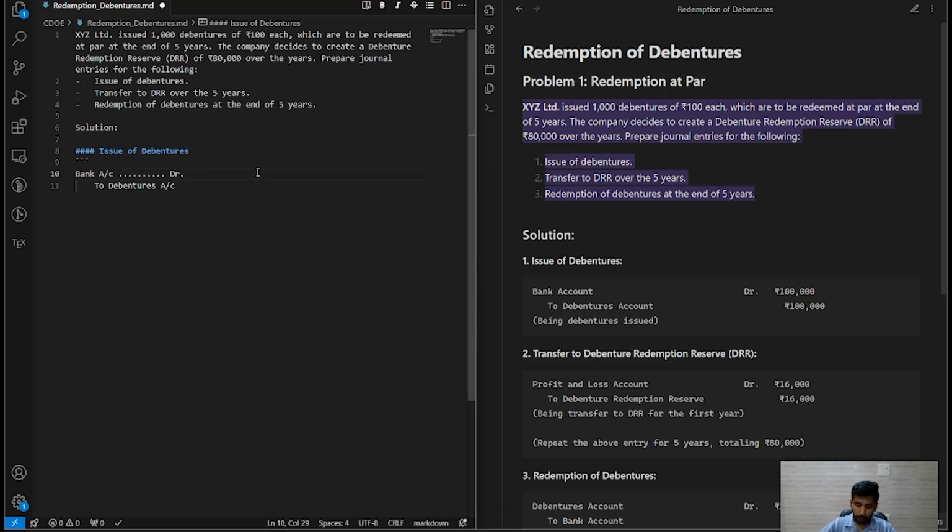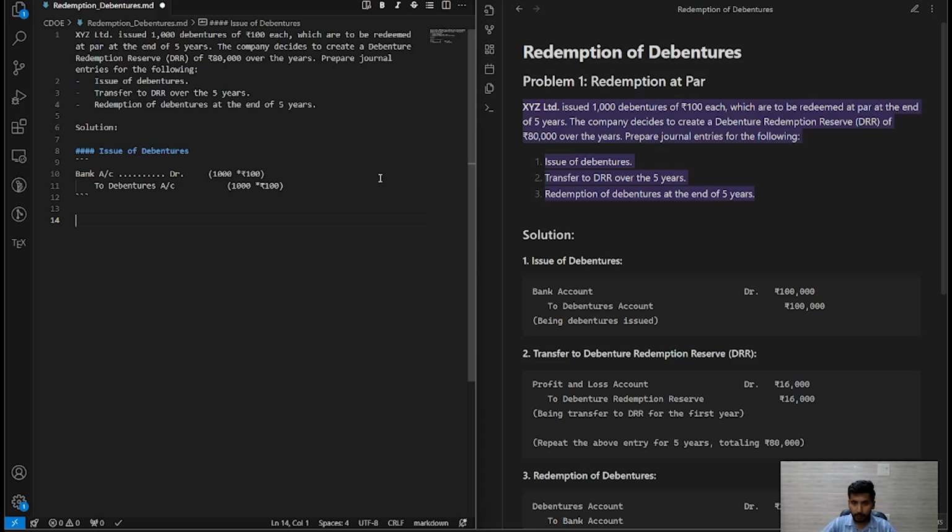How much? That is rupees 1 lakh. How? 1000 debentures multiplied by 100 each. Same for the credit side. So this is our first entry.